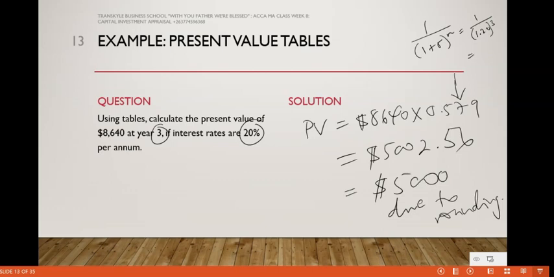So if you punch this figure in your calculator, you can see that there was an effect of rounding.